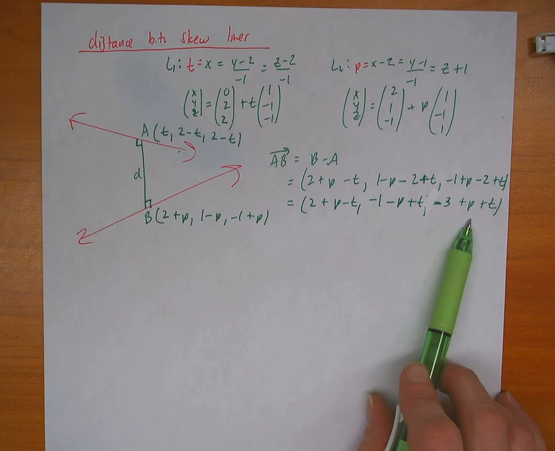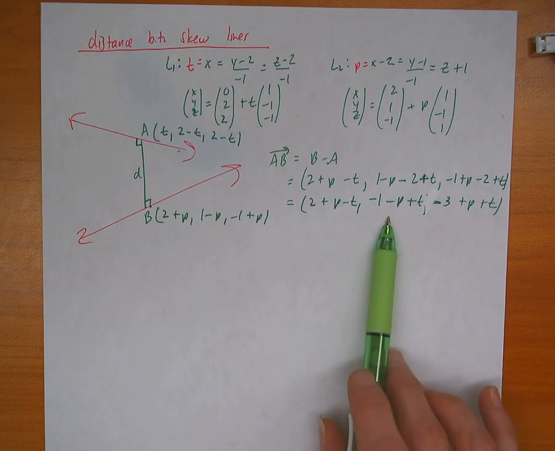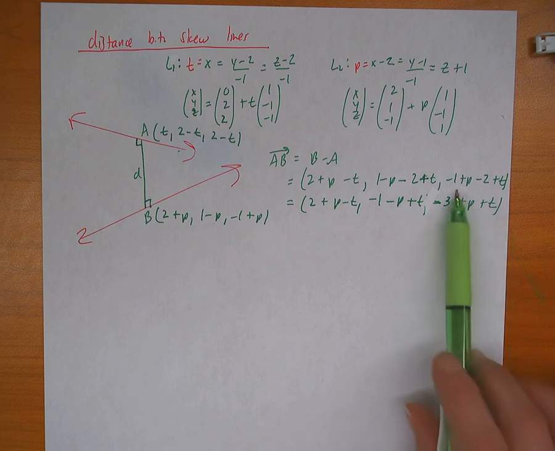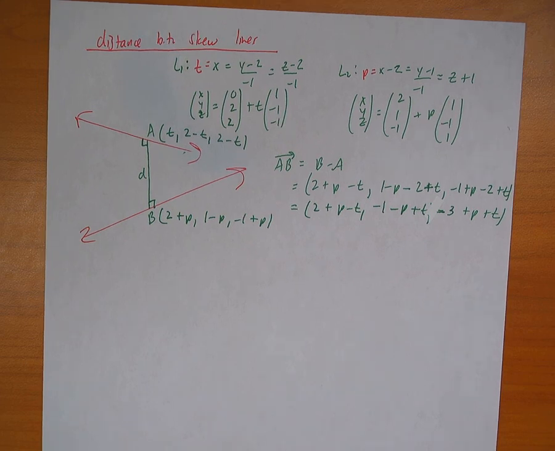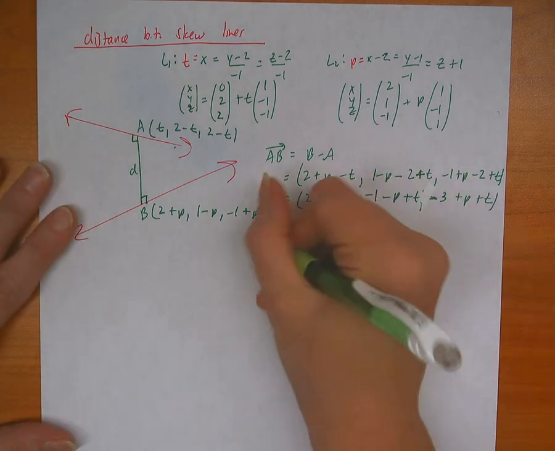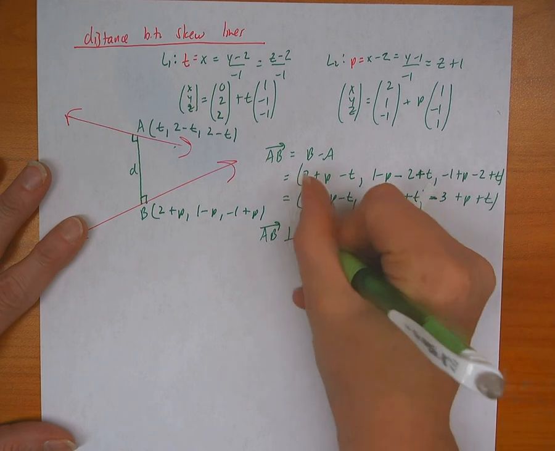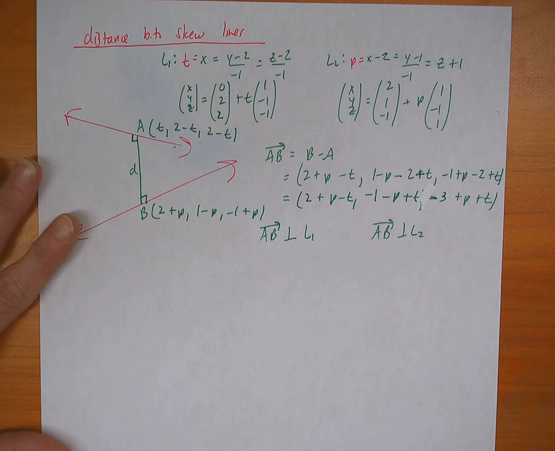What did we say needed to be true about vector AB compared to each of the other vectors? Let me make sure I did not make a calculation mistake. Okay, I don't think so. So we know that AB needs to be perpendicular both to line 1 and to line 2.